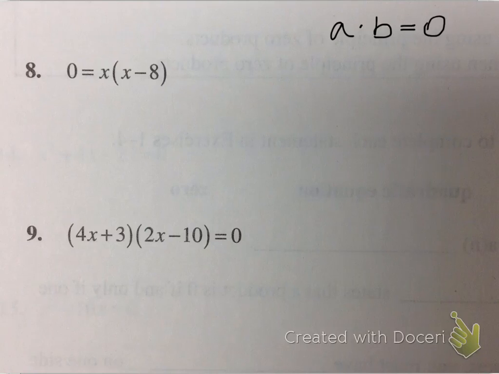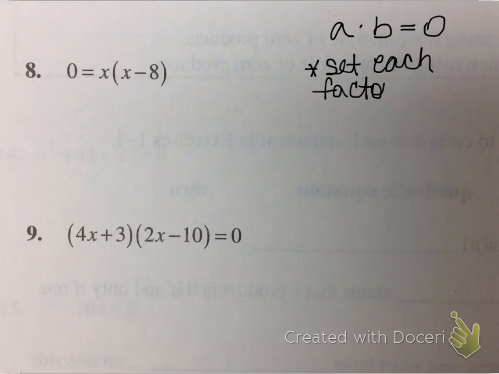So when you're solving a quadratic equation by factoring, the first thing you have to make sure is that it's equal to 0. Then you have to make sure it's factored. So what we do then, set each factor equal to 0. So that's the key. Set each factor equal to 0 and solve.